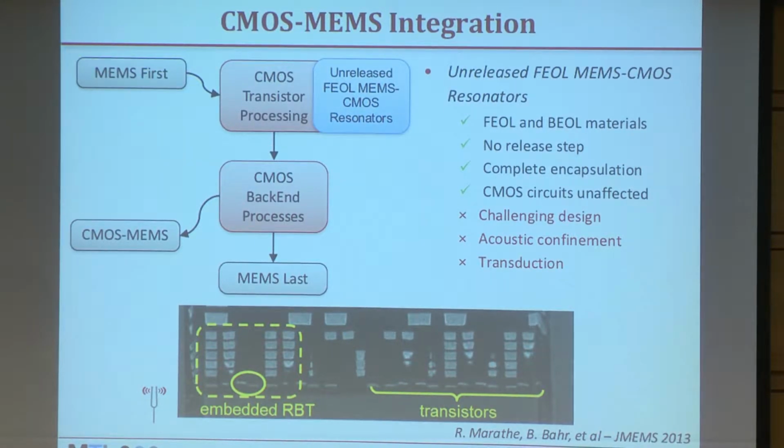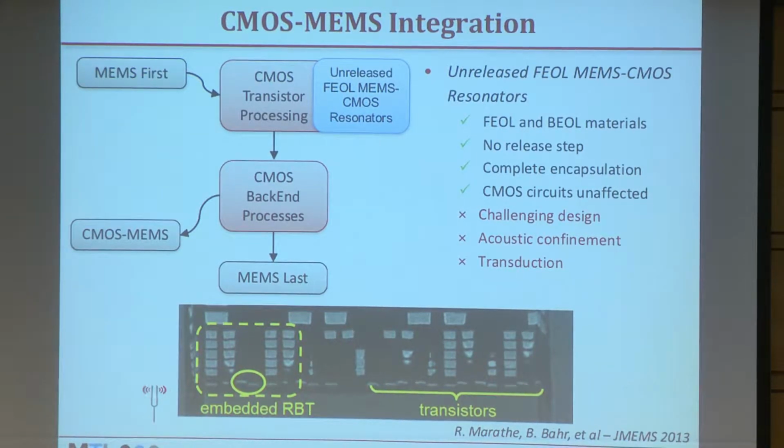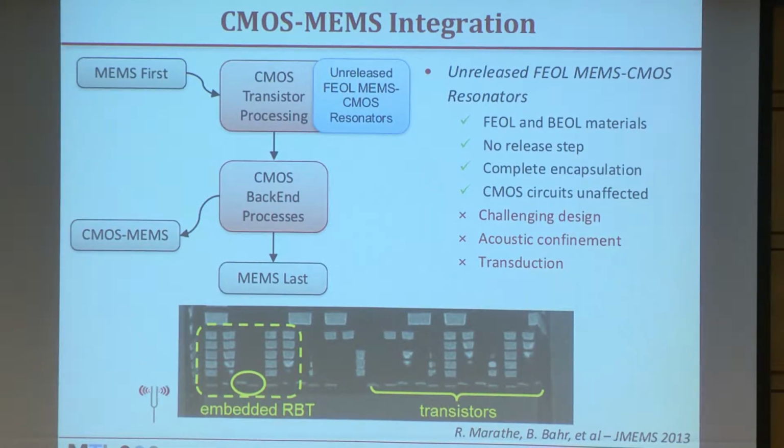Just send out my layout like we do with any circuit design and get back the chips. They will have the circuits and a MEMS resonator inside them. So this is very advantageous, actually. This gives us the opportunity to access the front end of line materials, which are very high quality materials. They have very low losses. And of course, it will be completely solid, as we please.